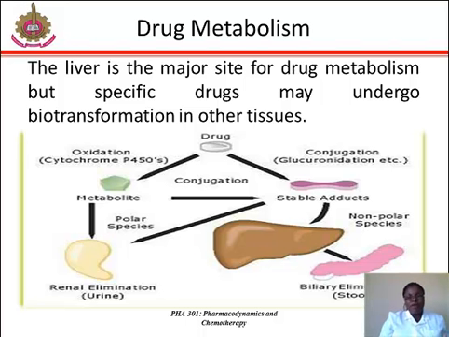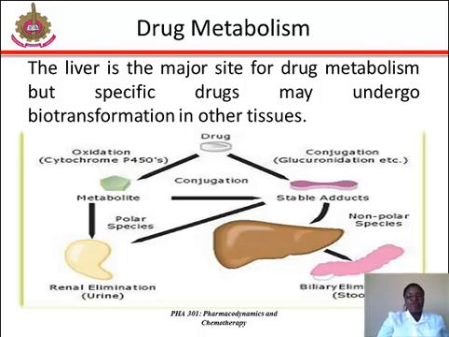There's a phase 1 and a phase 2 reaction. Phase 1 reactions involve formation of a new modified functional group or cleavage, and these reactions are non-synthetic, involving the process of oxidation, reduction, and hydrolysis.